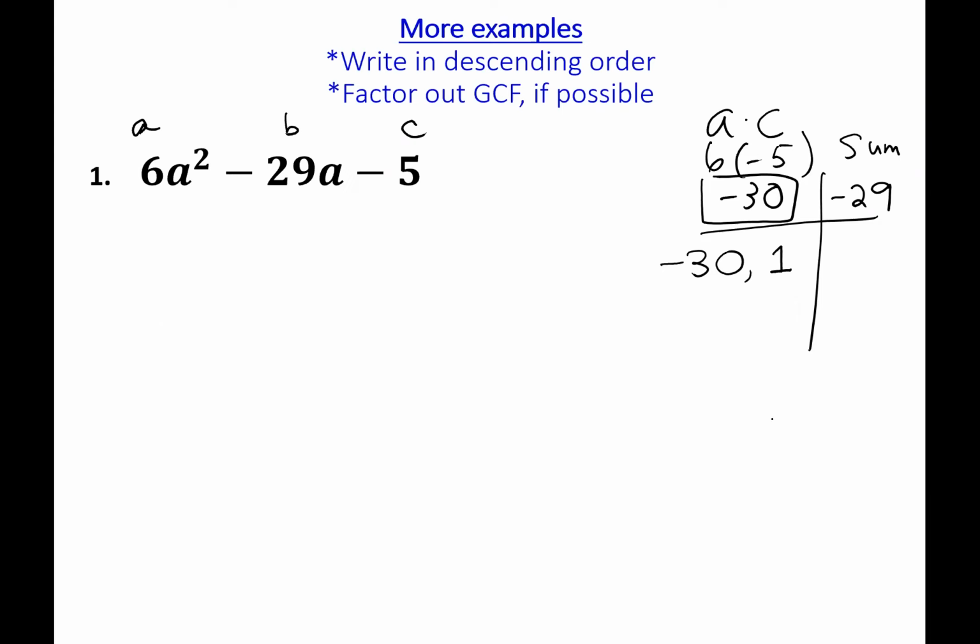Okay, and you could make a long list, of course, but sometimes if you think of the right answer right away, just go with that. So -30 times 1 multiplies to -30 and has that sum of -29. Okay, so now I get to split up the middle term. The -29a becomes -30a plus 1a.